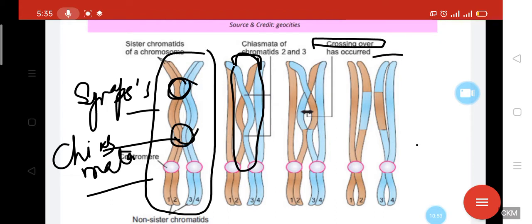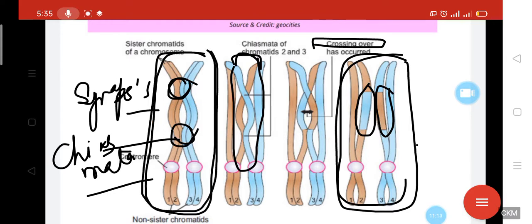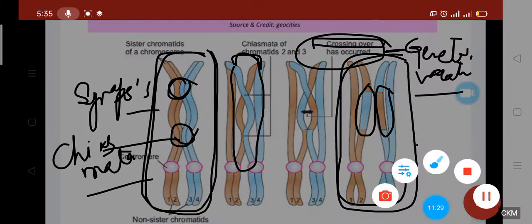After this exchange, crossing over, these chromosomes are going to appear like that. This chromosome has received this part from its non-sister chromatid, and this chromosome has received this part from its non-sister chromatid. Now you can see that these chromosomes are different from their original chromosomes. This is known as crossing over, and students, this crossing over will bring genetic variation. That's why we are actually different from each other.